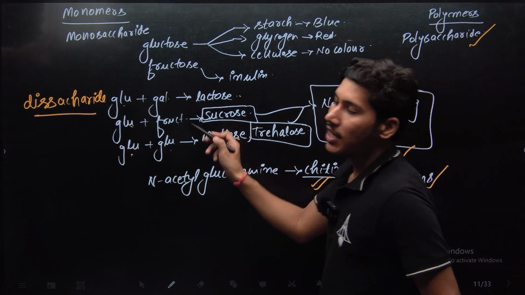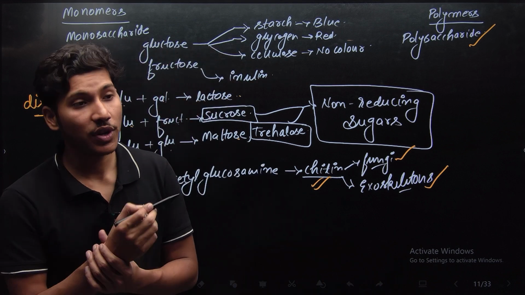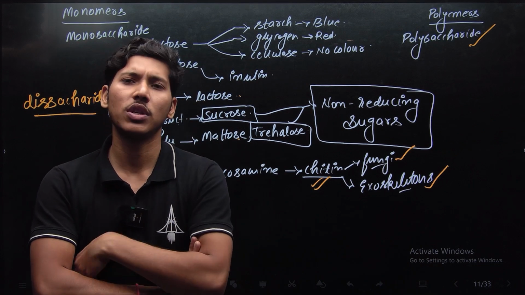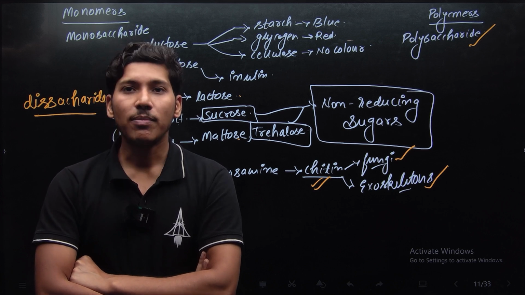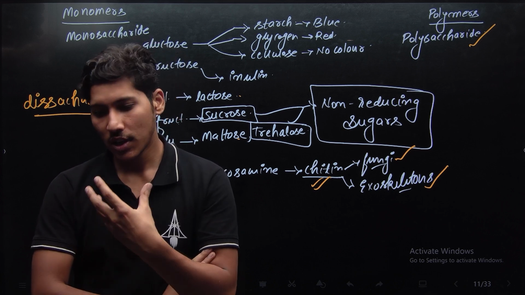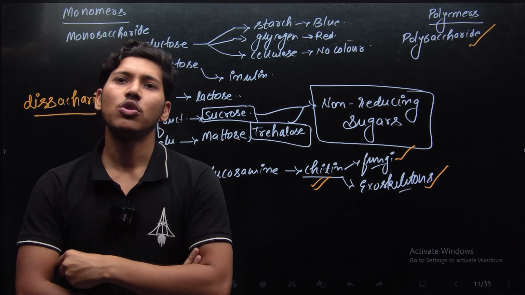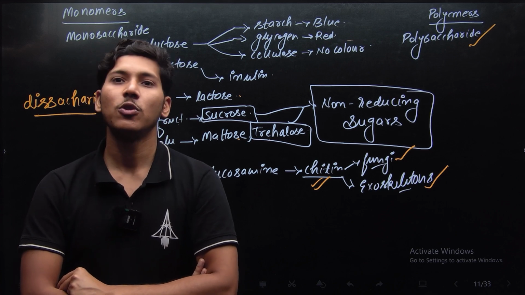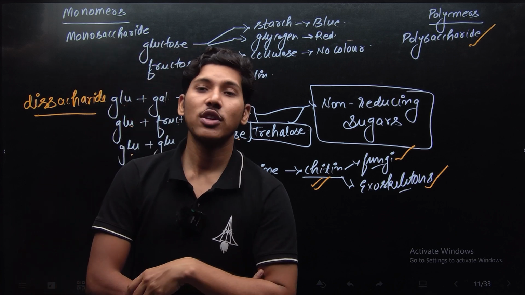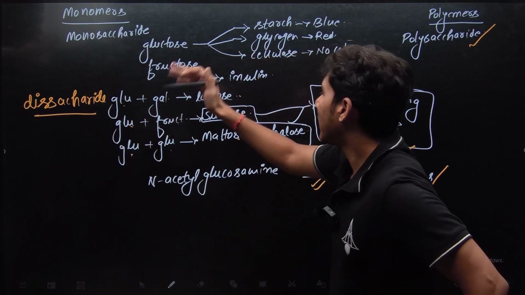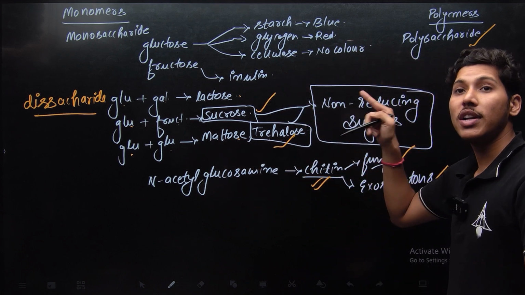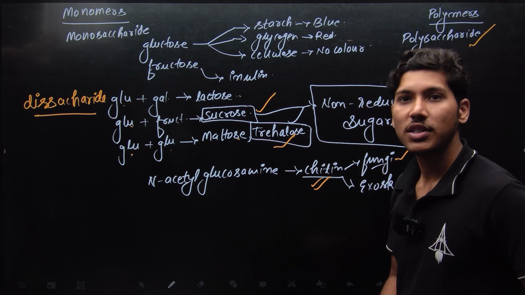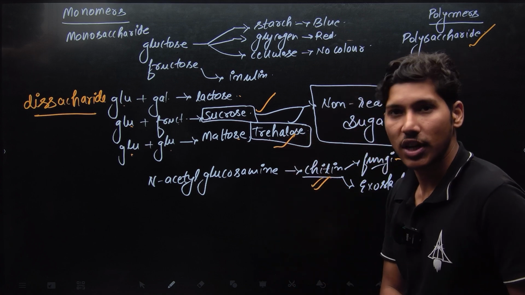Among all these disaccharides, we know that most of the sugars are reducing in nature, but some sugars whose aldehyde or ketone group is not free are actually non-reducing sugars, and among them sucrose and trehalose are non-reducing sugars. Okay? This is an important point to remember.